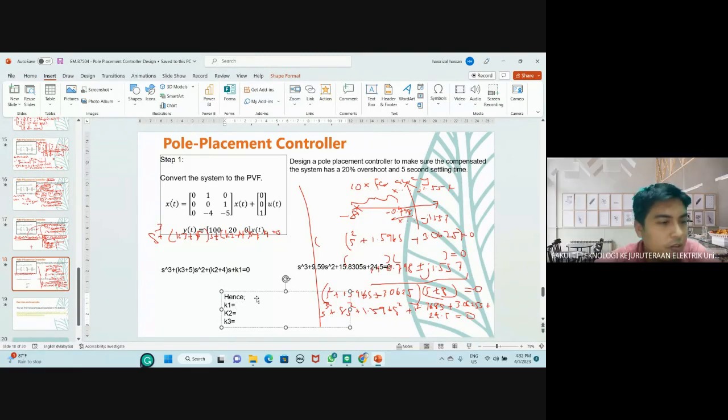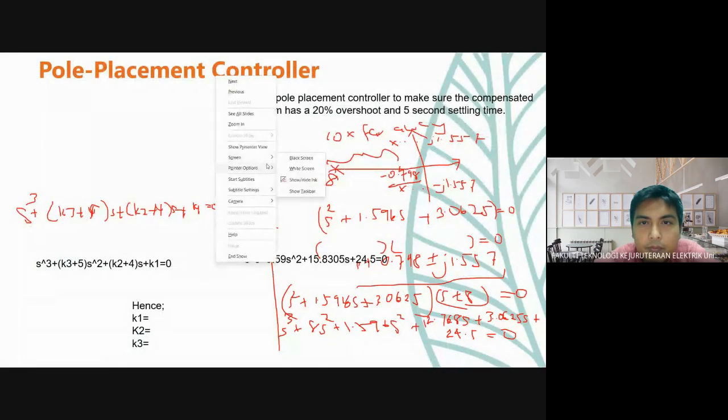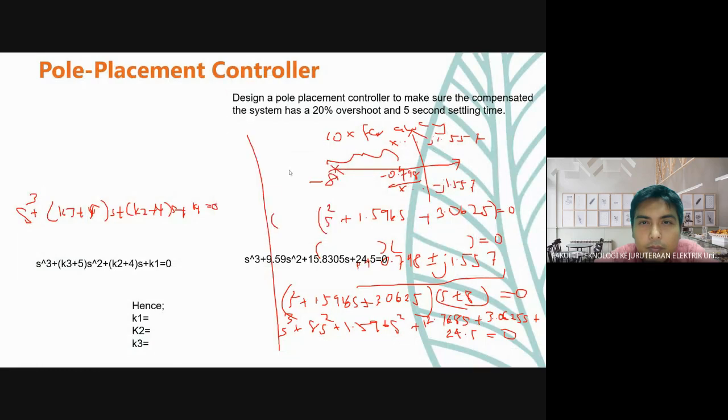Okay, so you just compare K1 here. I need to use a pen, better.